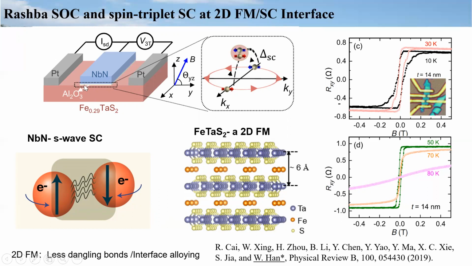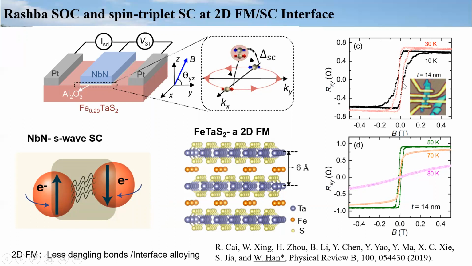At the interface, there's a thin aluminum oxide barrier, which is critical; I will explain later. Then the interface Rashba spin-orbit coupling breaks the pairing symmetry and generates spin singlet and spin triplet supercurrent components. The 2D ferromagnet has a Curie temperature of 80 Kelvin and is very metallic.